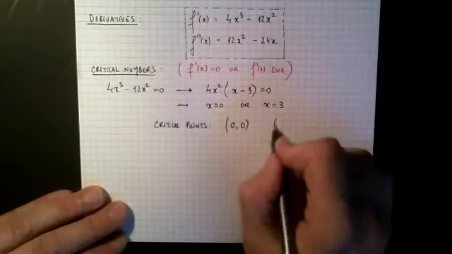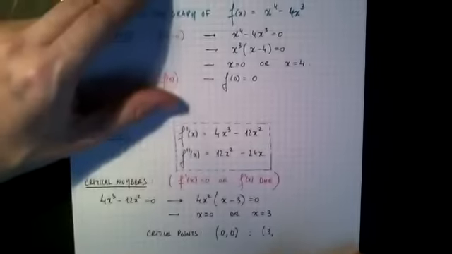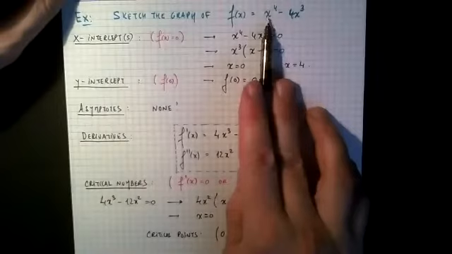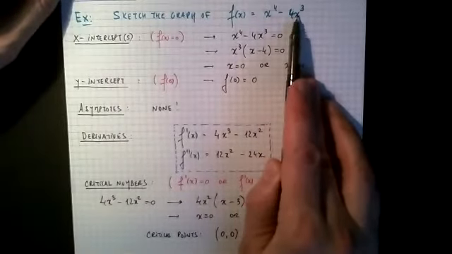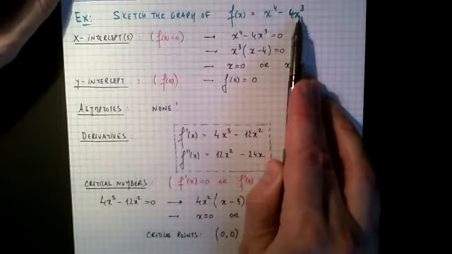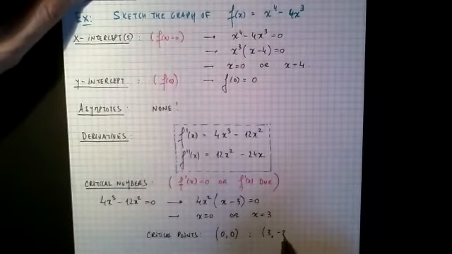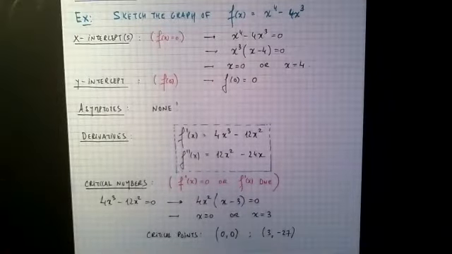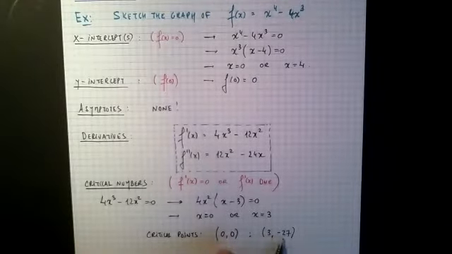And the other one, I'm going to plug 3 into my initial function again. So 3 to the power 4 is 81 minus 4 times 27. I get negative 27. So these are my two critical points. These are important points on my graph. When I'm going to sketch it, these points, I need to label them and identify them.